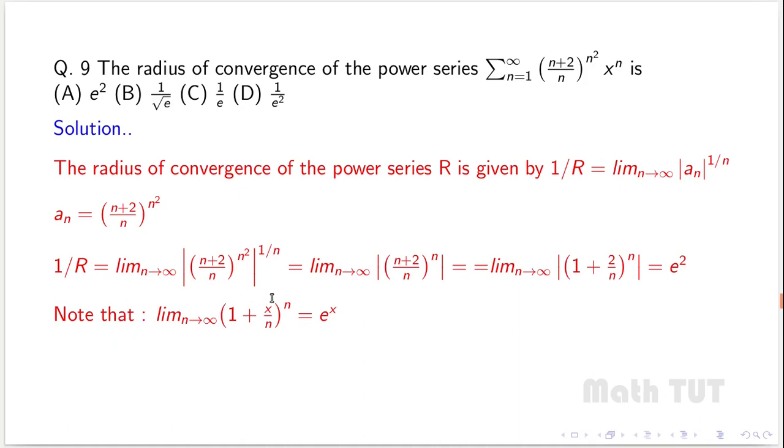How do you do this? Simple, you just expand it using the binomial theorem, and you apply the limits, you end up in the expansion of e power x. So 1 by r we got as e square, so r should be 1 by e square. So option D is true here. So the radius of convergence of this power series is basically 1 by e square.